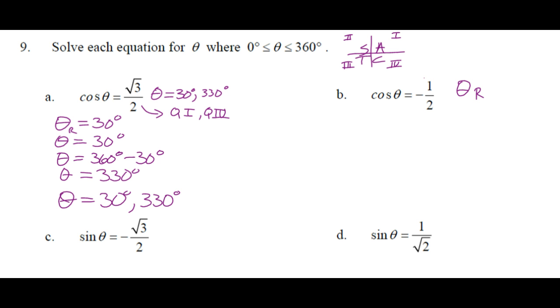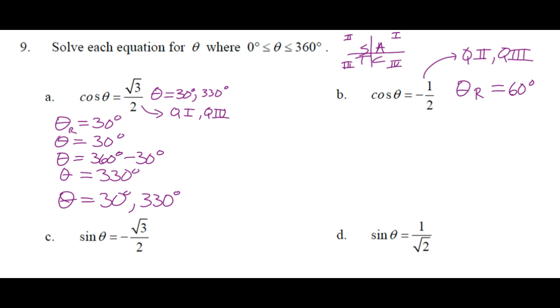So, first of all, which quadrant? It's negative, so it's quadrant 2 and 3, right? So I need a quadrant 2 angle, quadrant 3 angle. What's my reference angle? So just looking at quadrant 1, what angle gives me a half? 60 degrees. So my reference angle is 60 degrees. I need a 60 degree reference angle in quadrant 2.